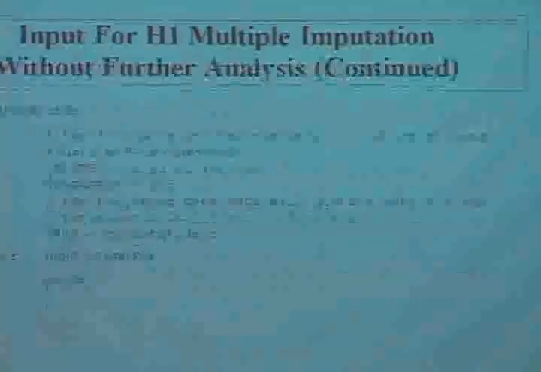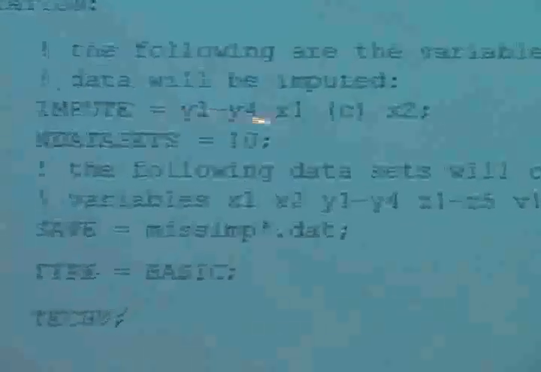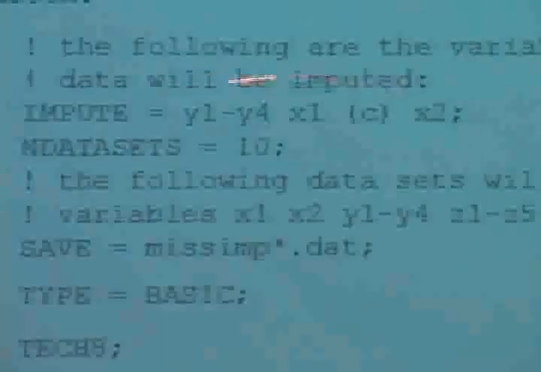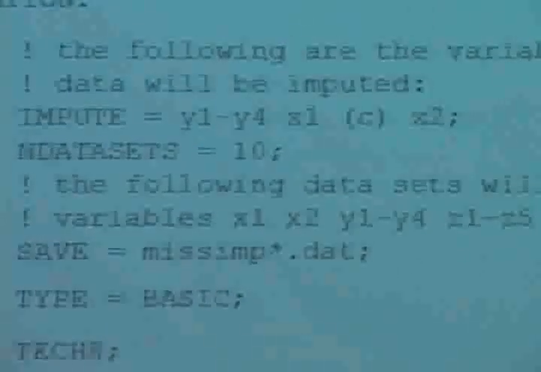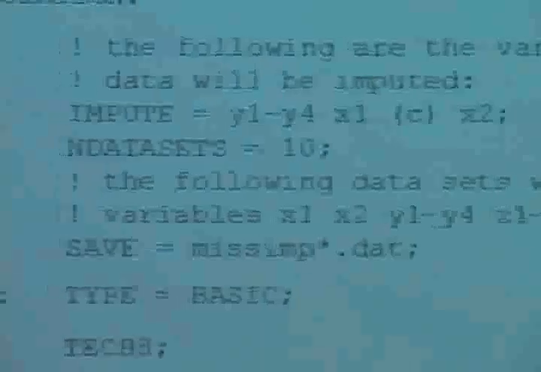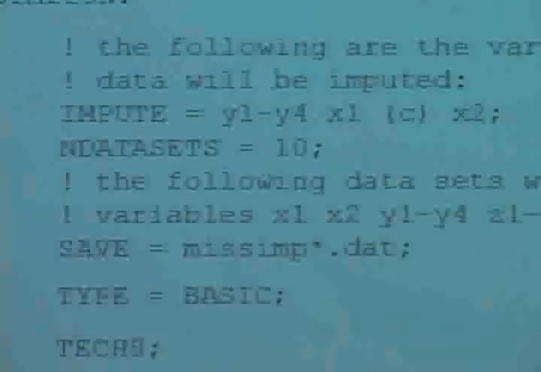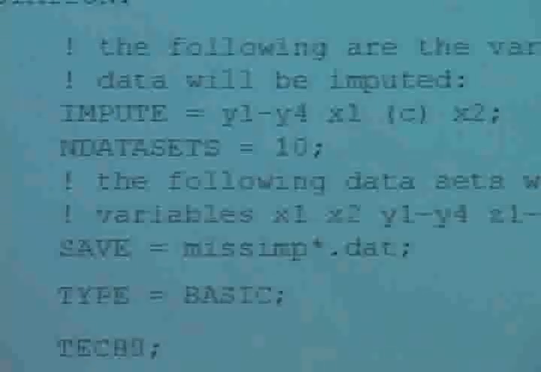Is one lesson. And on the next slide, in the data imputation, we will specify in the impute option the variables for which missing data will be imputed. On the use variable list, we may not have missing data on all the variables, or we may not want to impute missing data for some variables.